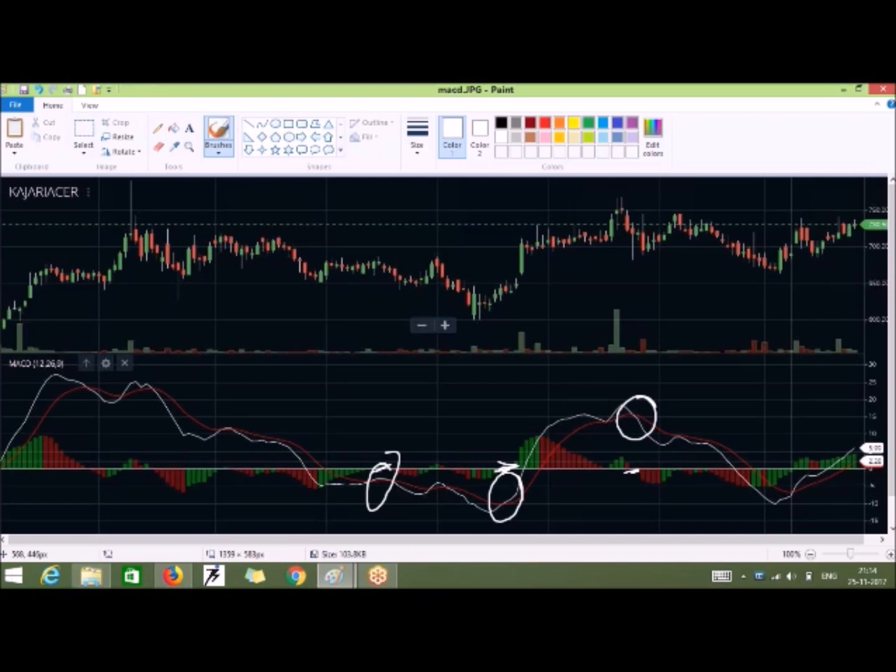One is the bullish zero line and the other one is the bearish zero line. The zero line is this one, the line here. This is known as the zero line. Please concentrate on this. This one is the bullish zero line.